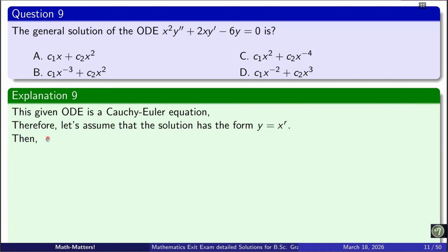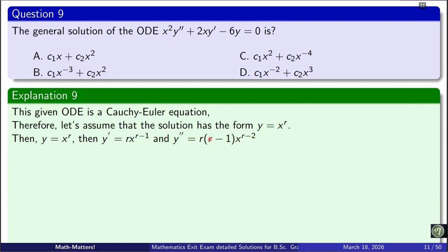Therefore, let's assume that the solution has the form y is equal to x to the power of r. Then y derivative is r times x to the power of r minus 1, and the second derivative of y with respect to x would be r times r minus 1 times x to the power of r minus 2.